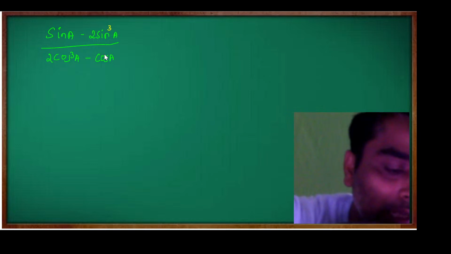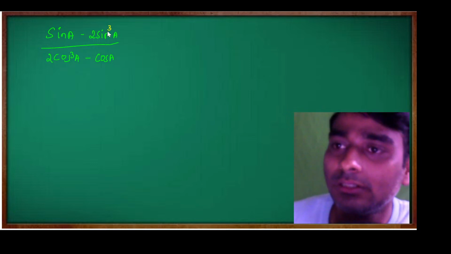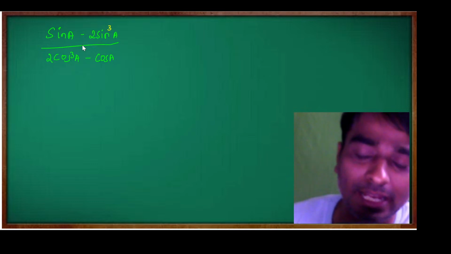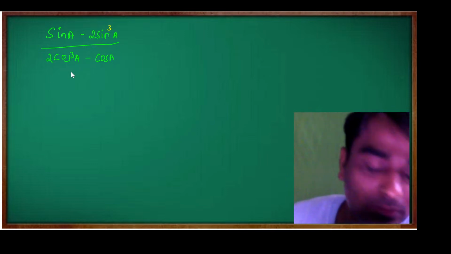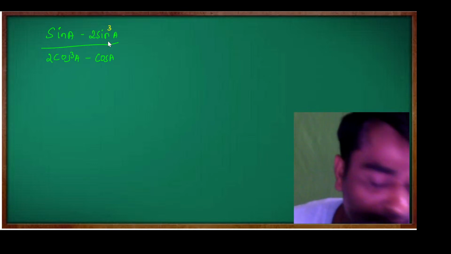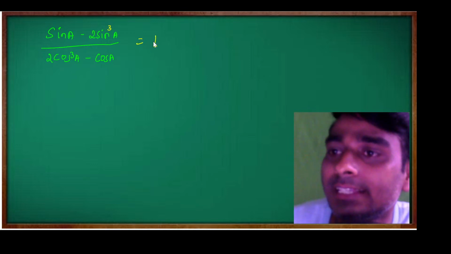Here it is given as sin square. I think the question is wrong. So let us make this 2 sin cube A and do. You have to prove this as tan A.